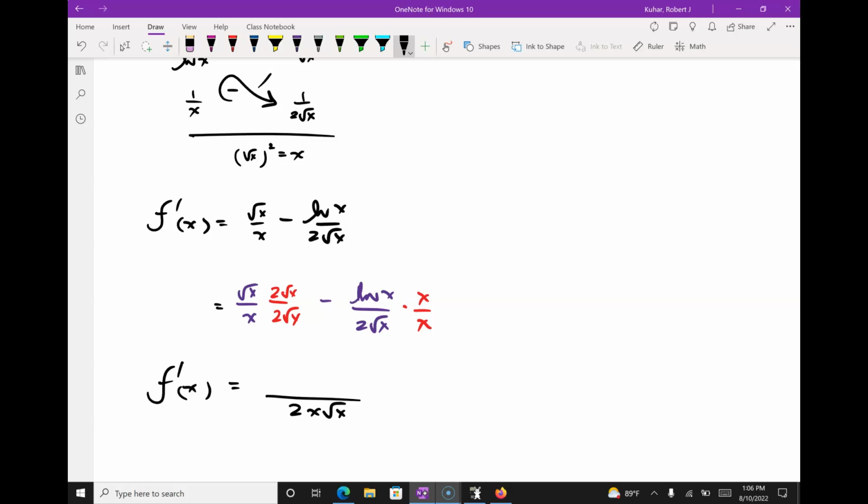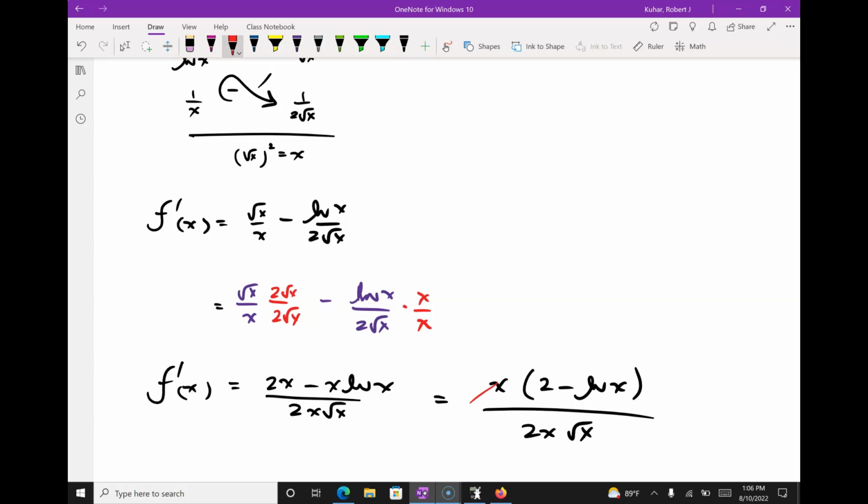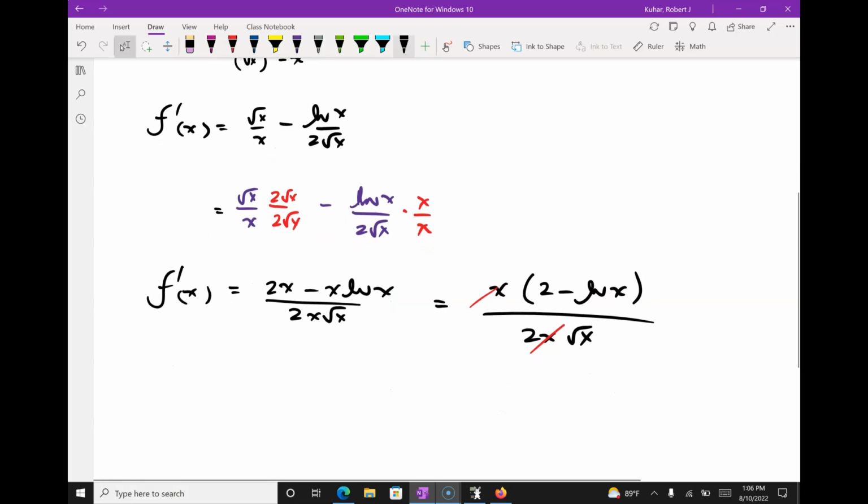And upstairs, it looks like I have 2x minus x ln of x. We agree with that? Of course, I can factor out an x upstairs, and I want to, because I can see that that's going to cancel, right? So I have 2 minus ln of x over 2 square roots of x.